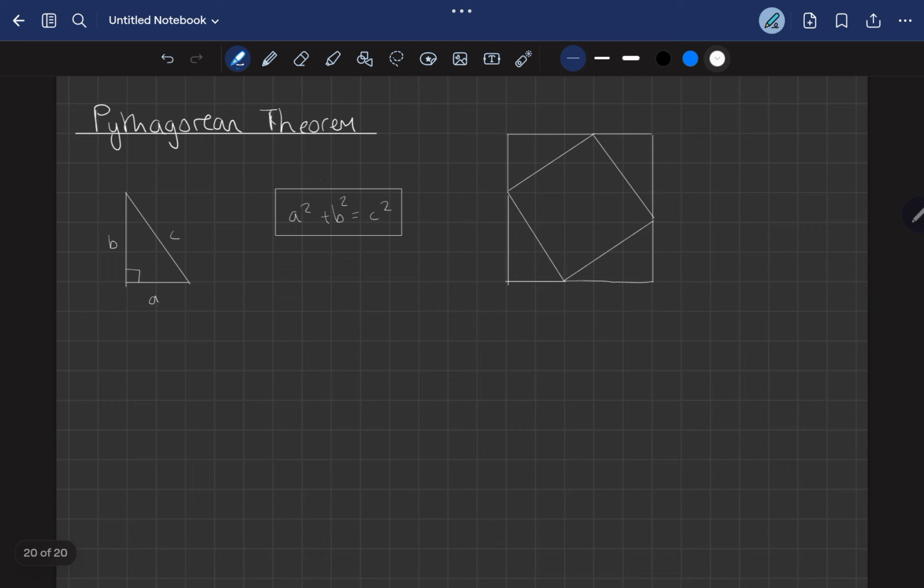Okay. Now, I've just got 4 of these right angle triangles right here, but I've just rotated them 90 degrees each time.